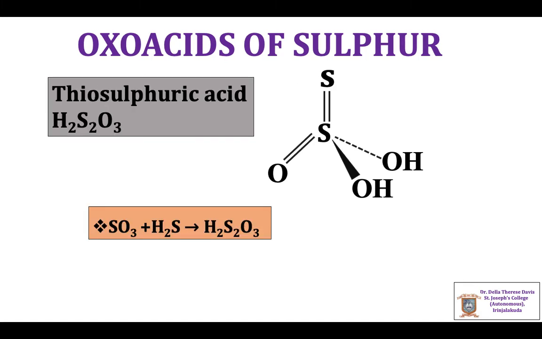Next is thiosulfuric acid, H2S2O3. When one oxygen of sulfuric acid is substituted by a sulfur atom, we get thiosulfuric acid.